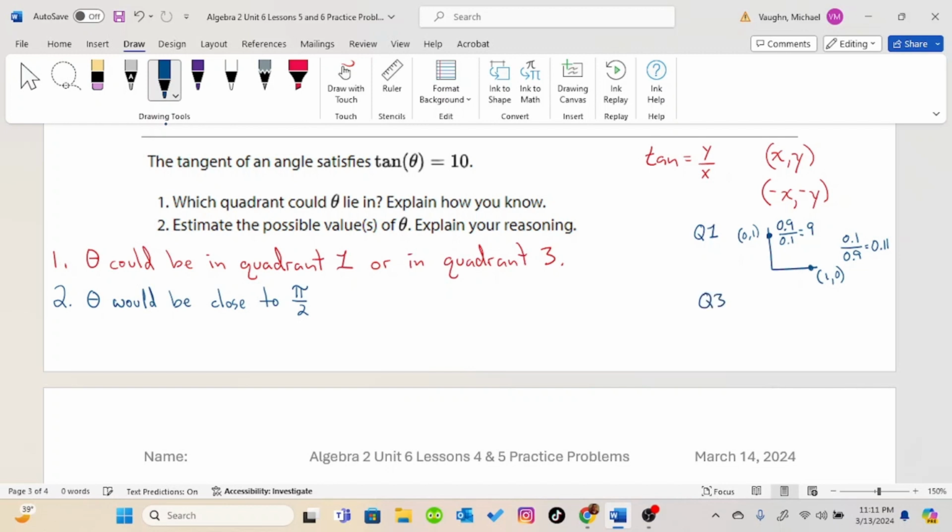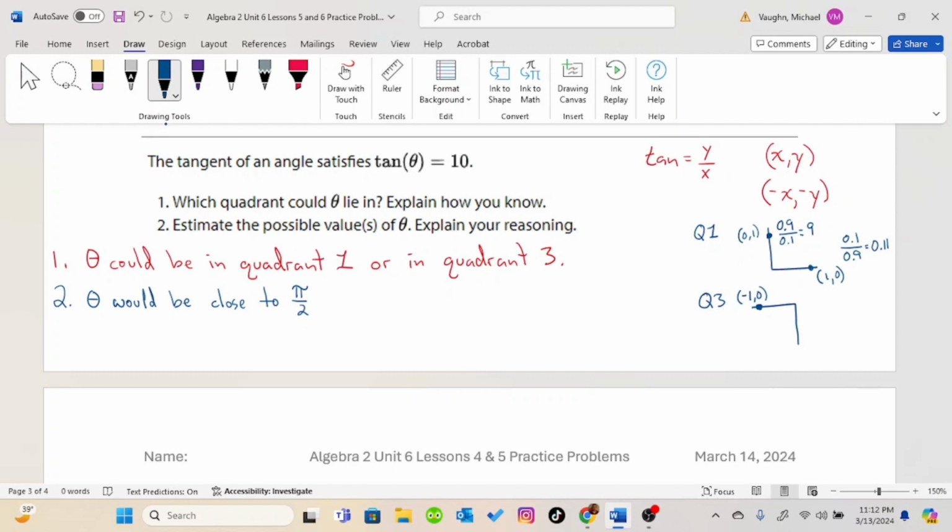in quadrant 3, you're down in the bottom left. If we're over here, then our point is at -1, 0.